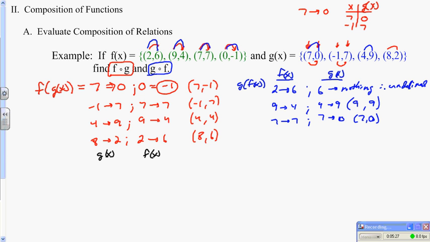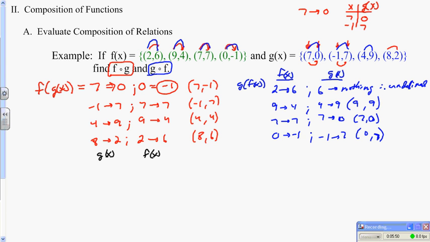And a 0 gives you a negative 1. And a negative 1 gives you a 7. So 0 gives you a 7. And those are the composite functions with coordinates.